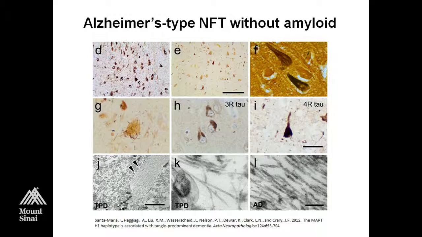When you stain for 3 repeat tau and 4 repeat tau, you see that they're positive for both. And this is the isoform pattern that you see classically in Alzheimer's disease. So they look like Alzheimer's disease. And when you do your electron microscopy, they have these paired helical filaments, just like you see in classic Alzheimer's disease. So these really look, for all the world, like Alzheimer's disease type neurofibrillary tangles, yet there's no amyloid.